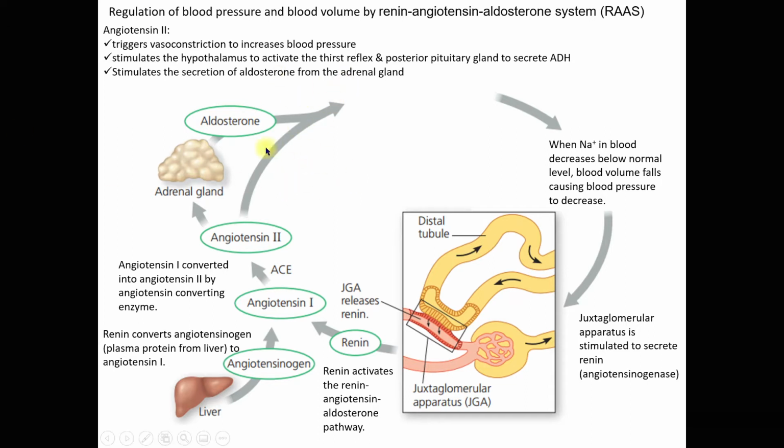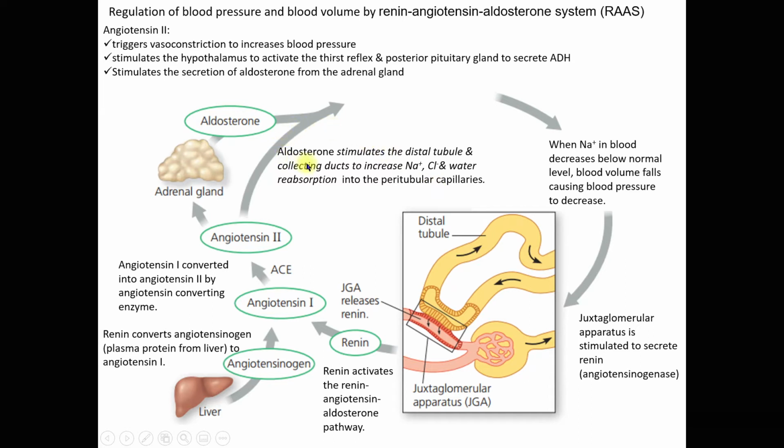Then this angiotensin 2 also stimulates the secretion of aldosterone from the adrenal gland. This aldosterone stimulates the distal convoluted tubule and collecting ducts to increase the sodium ions, chloride ions, and water reabsorption into the peritubular capillaries.